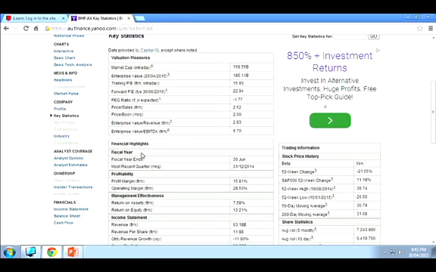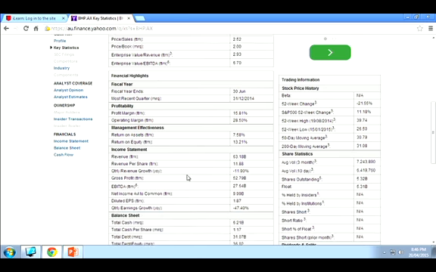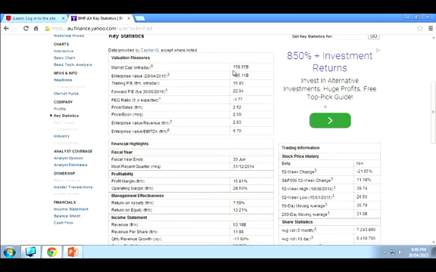So there are a number of ways of calculating earnings to price. The first, probably the easiest way to do it is actually take the earnings of the company, which is here, 9.9 billion, and dividing by the market cap of the company.